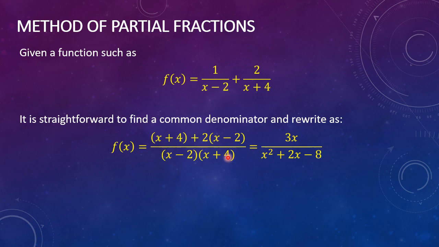And remember that when you're making equivalent fractions for each, you have to multiply the numerator and denominator by the factor that's missing.